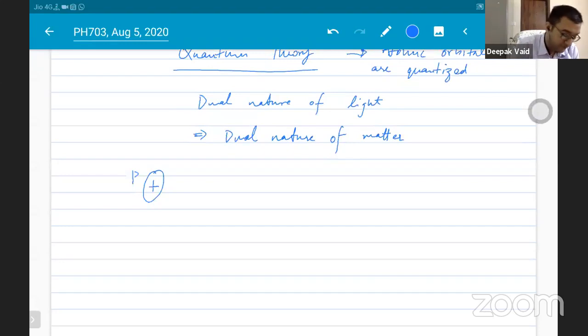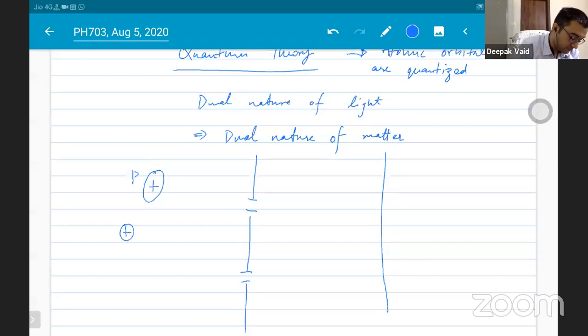But what if I perform a double slit experiment with protons? I send in a beam of protons towards my apparatus. What will I see on the other end?